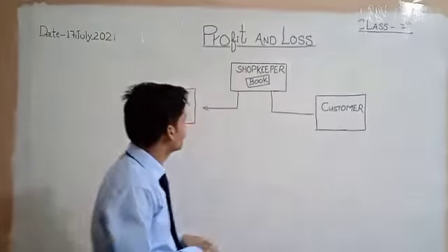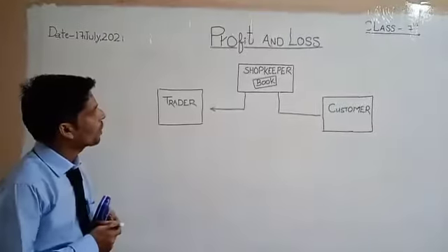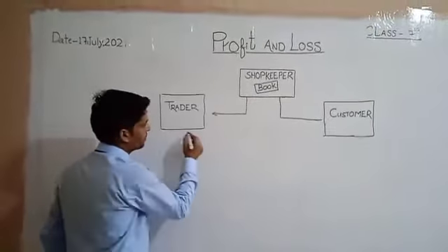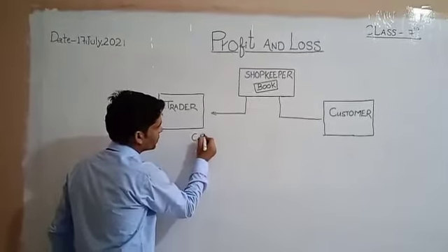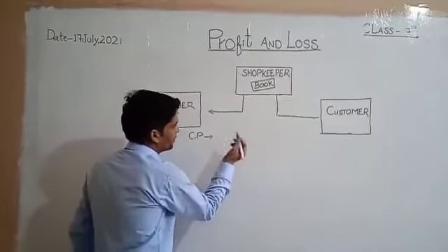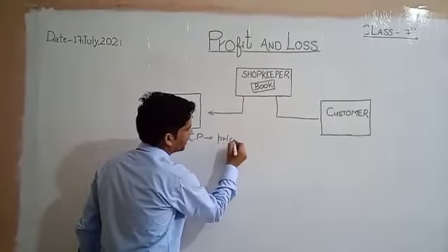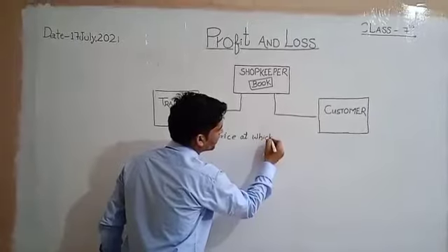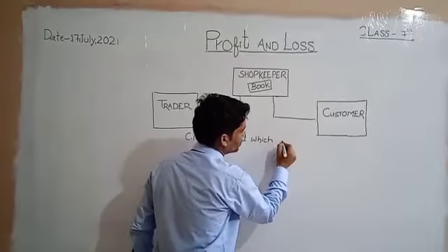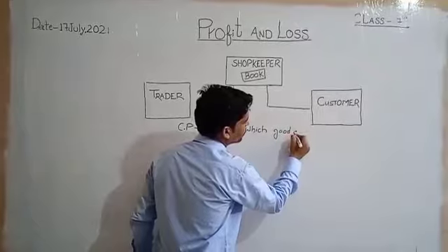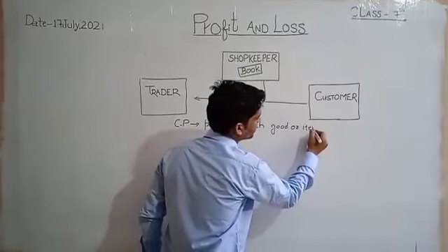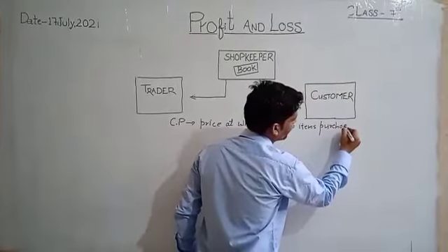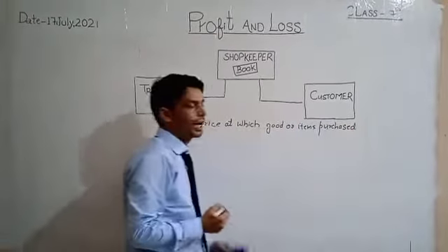The price at which the shopkeeper buys the goods is called cost price. The price at which goods or items are purchased is called cost price.